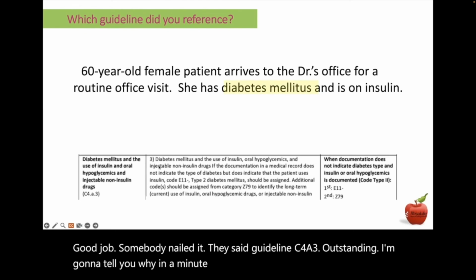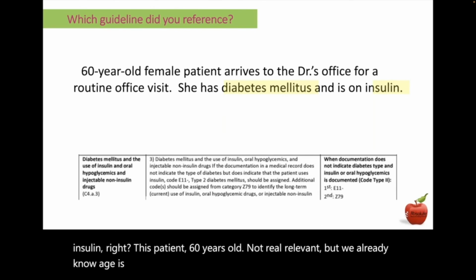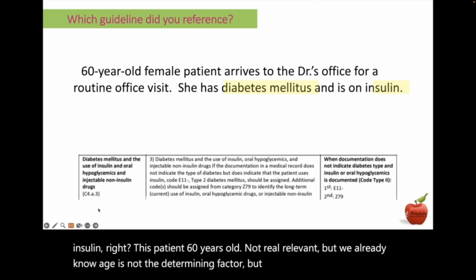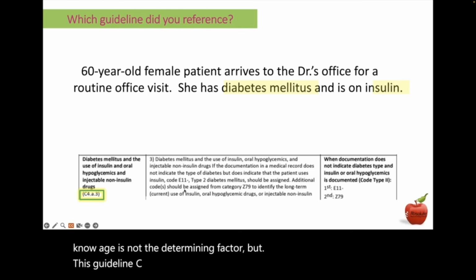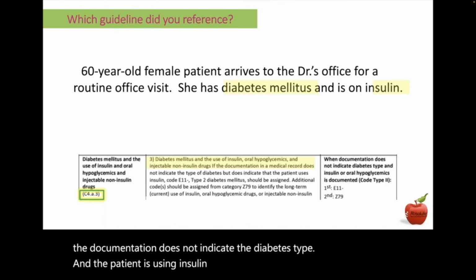This patient has diabetes mellitus and is on insulin, right? This patient's 60 years old, not real relevant, but we already know age is not the determining factor. Guideline C4A3 says that for diabetes mellitus and the use of insulin, when the documentation does not indicate the diabetes type and the patient is using insulin, then you code it as type 2.